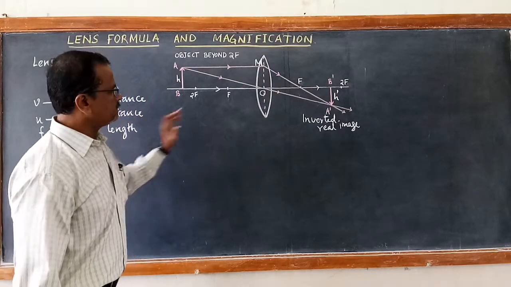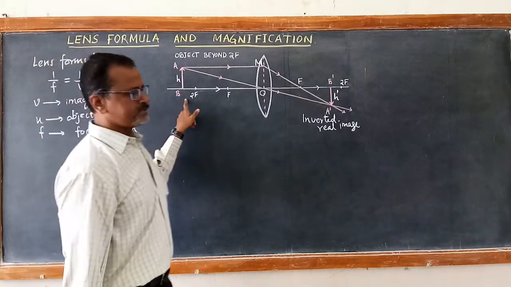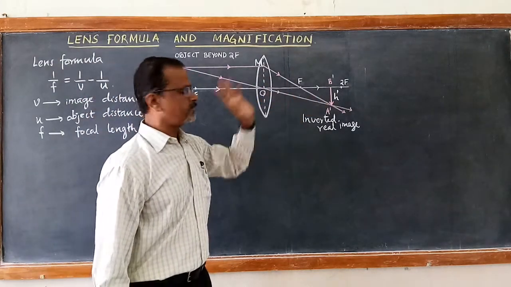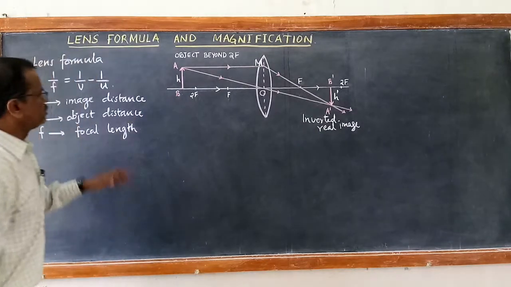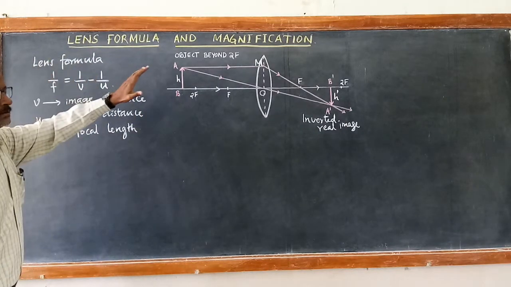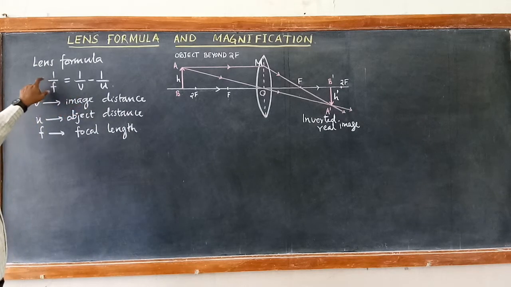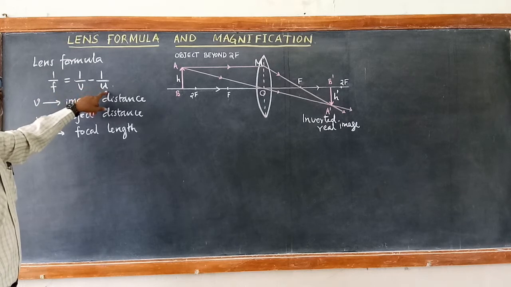So to relate the object distance, image distance and focal length, we got the lens formula 1 by f equal to 1 by v minus 1 by u.